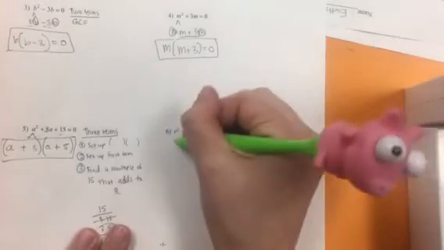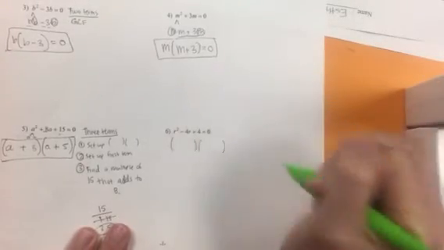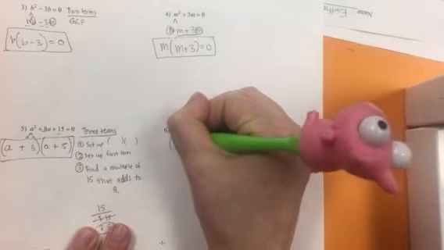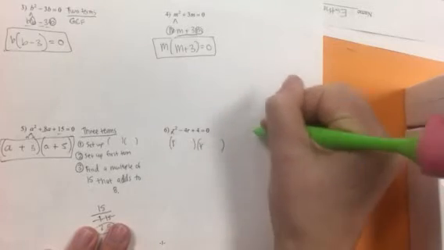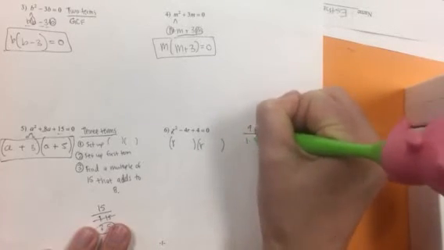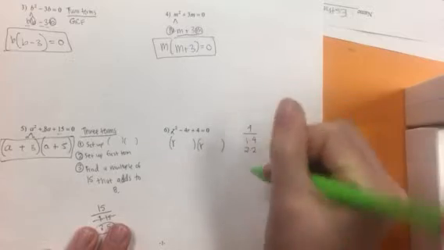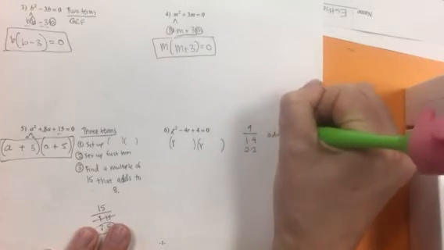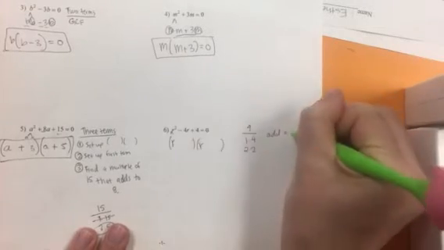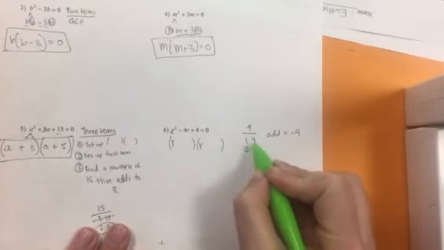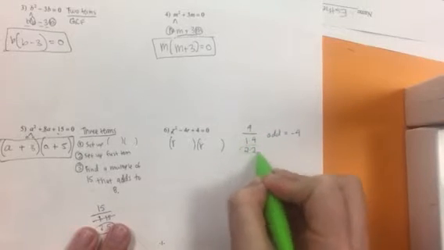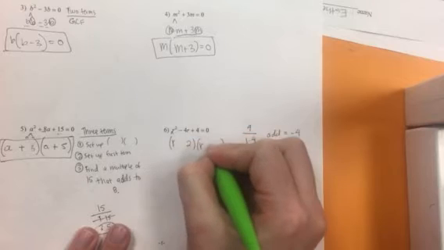All right, we take our factors and set them up. The r squared breaks up into r times r. Multiples of 4 are 1 times 4 and 2 times 2, and they need to add to equal a negative 4. 1 and 4 can give me 5. 2 and 2 can give me the 4.